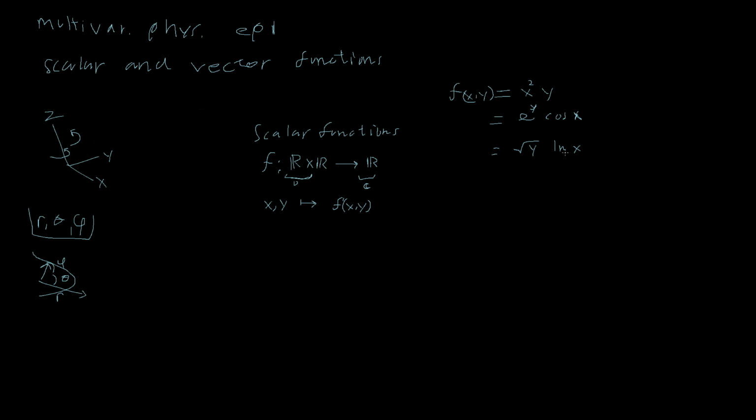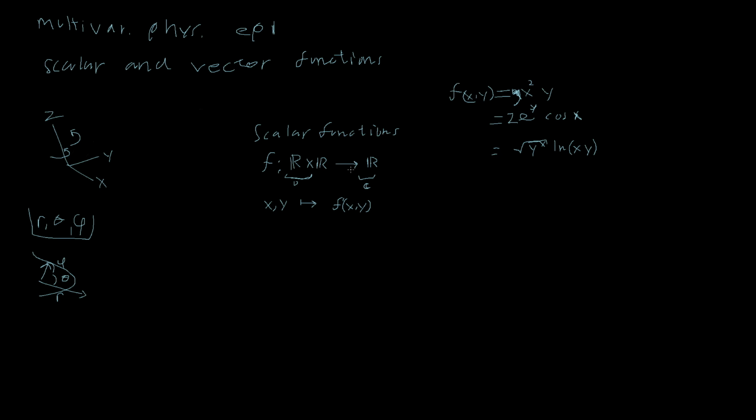Maybe this is natural log of x, y, this is y to the power of x. We take this x and the y and we combine it. We can have constants like 2, maybe an arbitrary constant a.